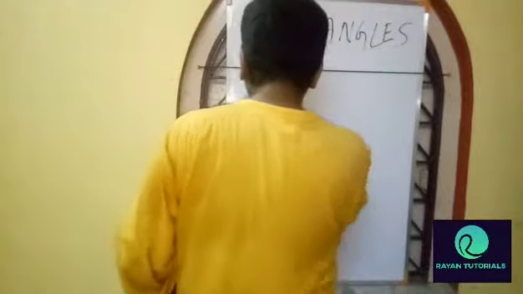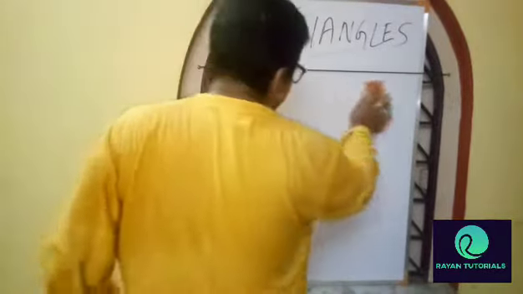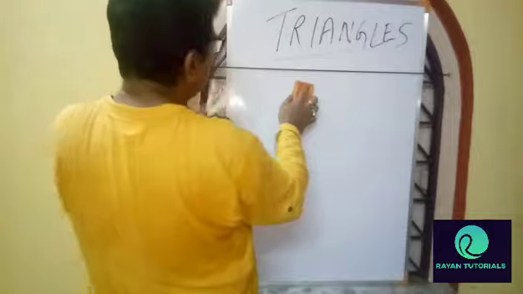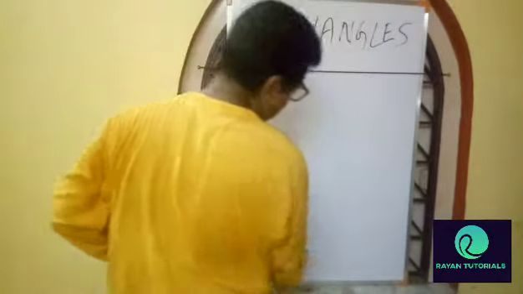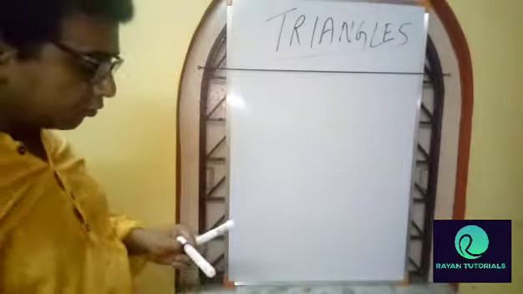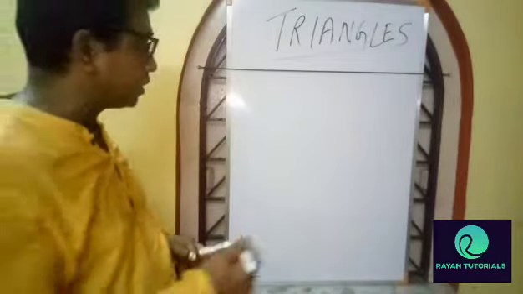Now the thing is, when can I say, or when will two triangles be congruent? A lot of times you face this question.